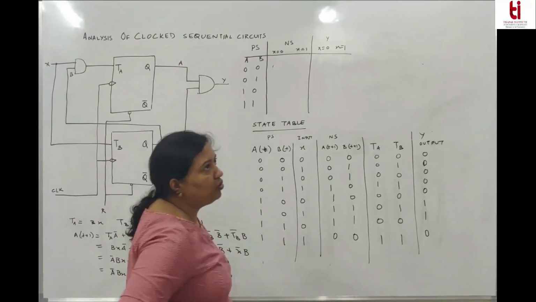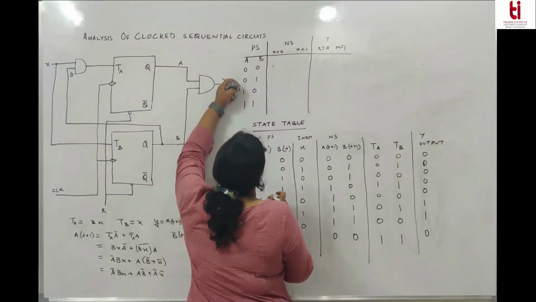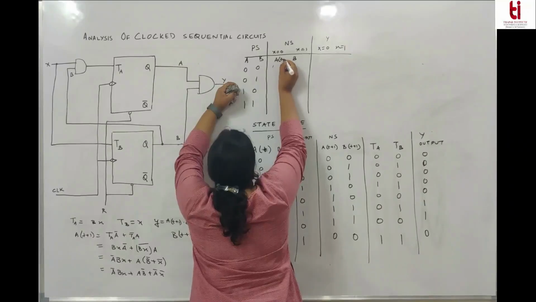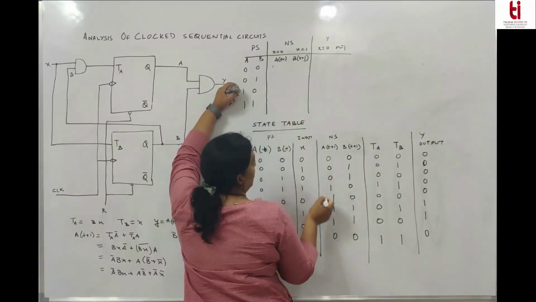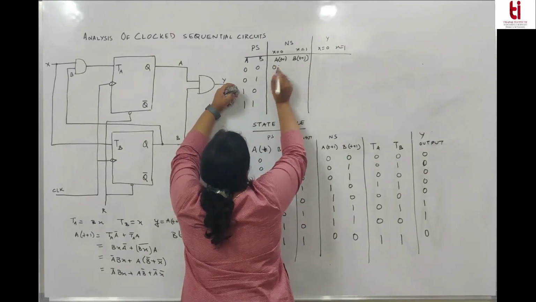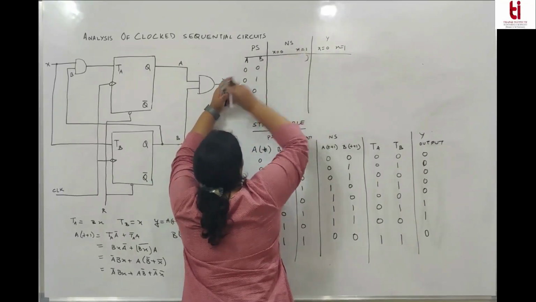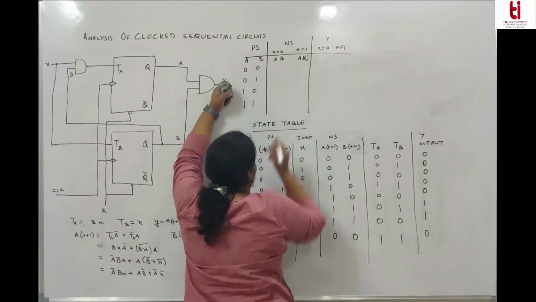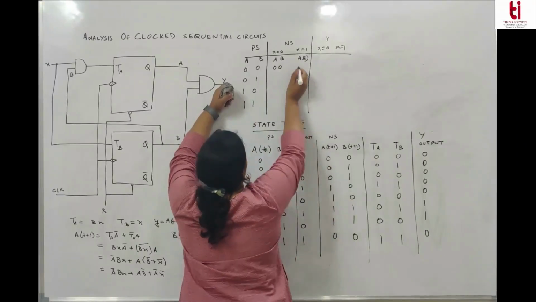You should know how to analyze a clocked sequential circuit. So for x equal to 0, what is A and B next state? 0, 0. For x equal to 1, it is 0, 1.